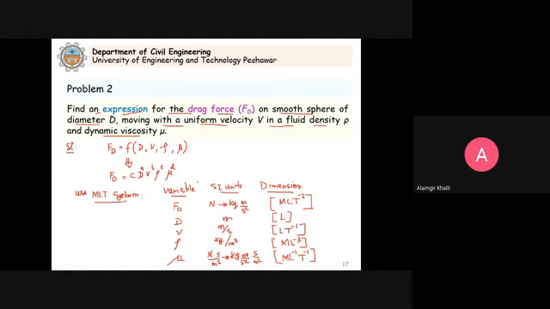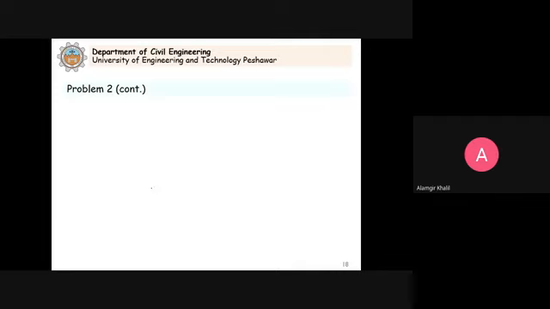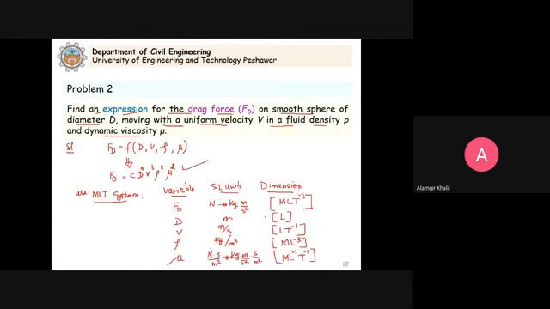Now we put these dimensions in this equation. Force will be equal to M L divided by T square, and this is power 1. This will be equal to L power a, that is d. C we do not write down because we already said it is a dimensionless constant.